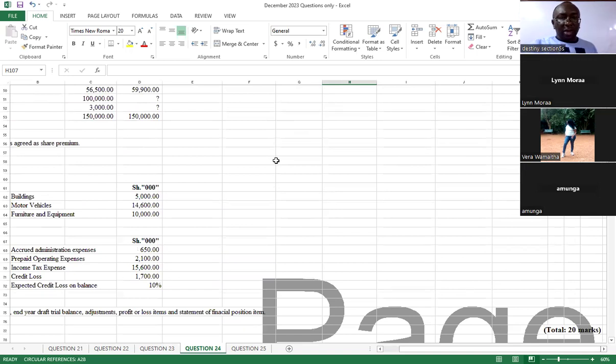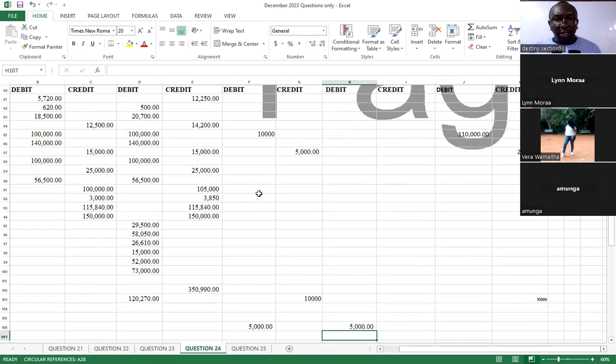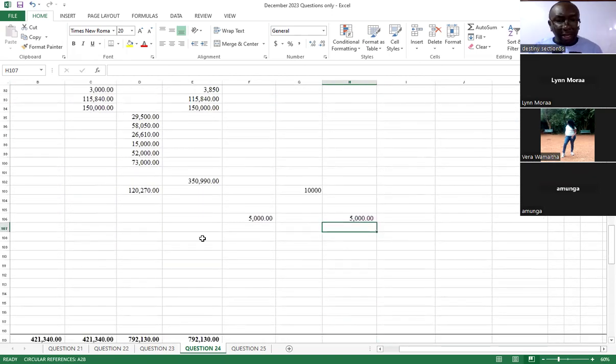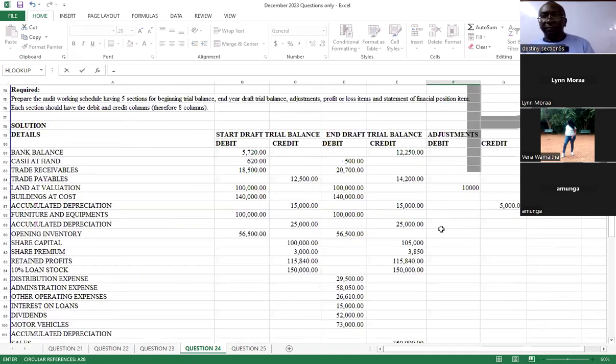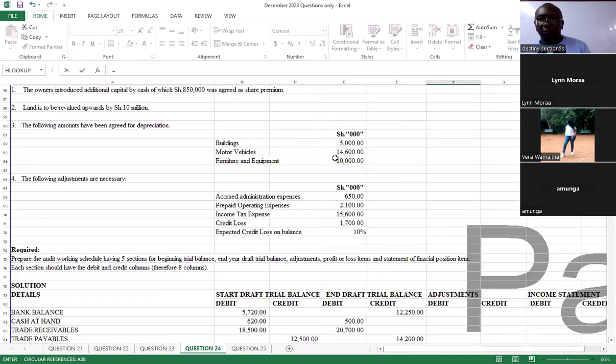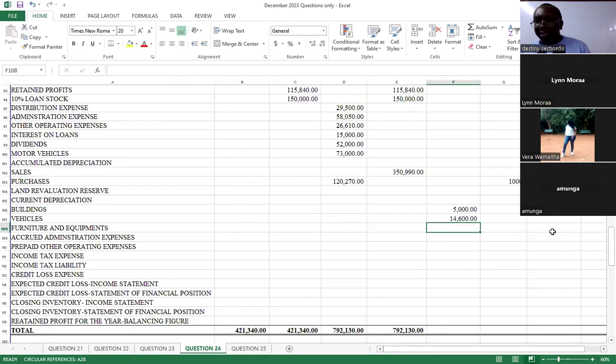Motor vehicles, we are given 14,600. So we will come to where we have the amount for the motor vehicles. Here we debit, so we say equals 14,600. And I can just bring it here straight to the income statement.